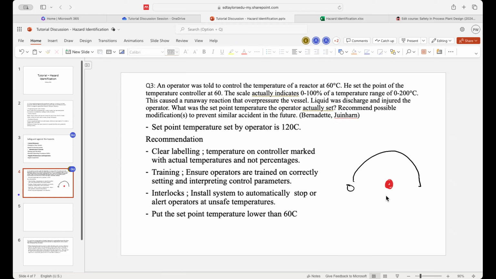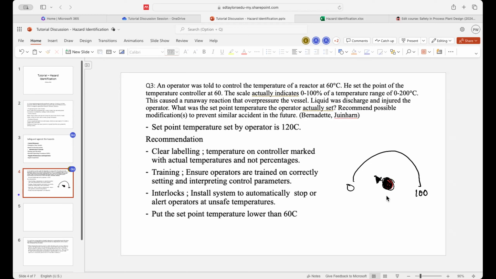The scale is actually in terms of percentage, but let's say the knob is just like this, a triangle. Sometimes in the old manufacturing system, this is what we have, a very old-fashioned knob with an indicator.